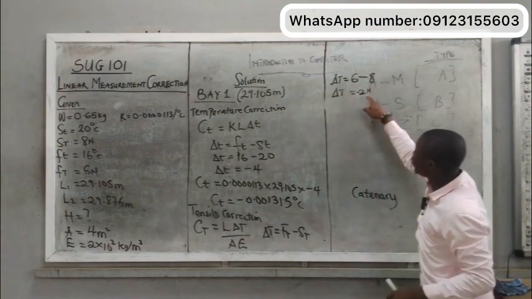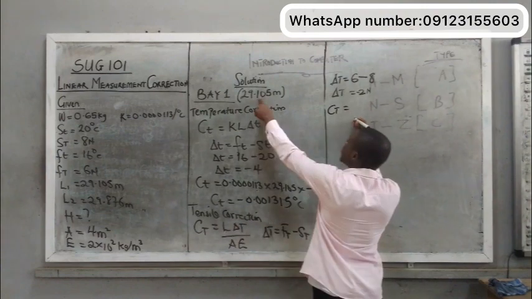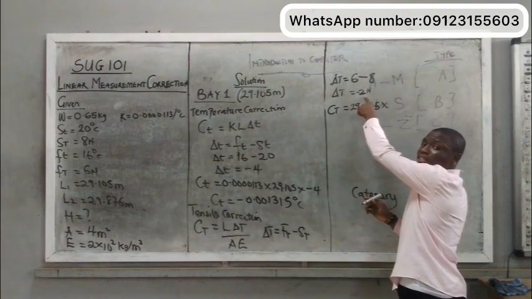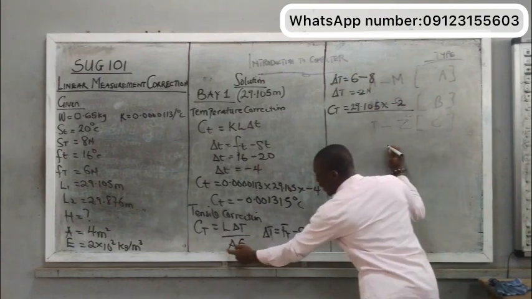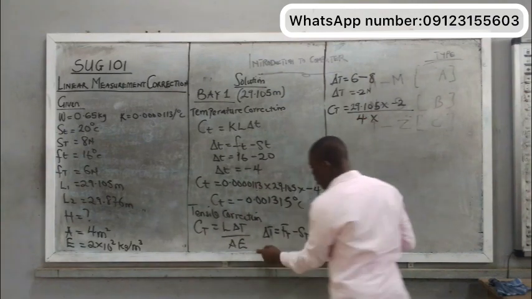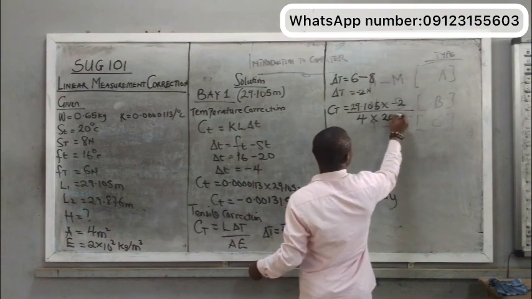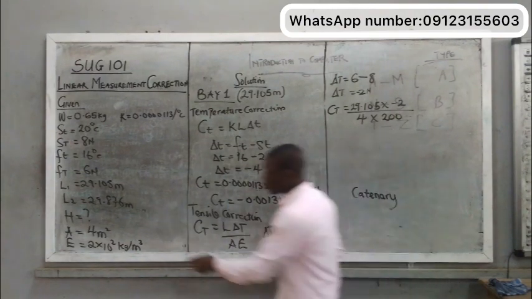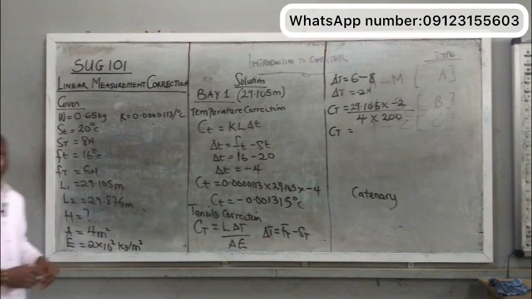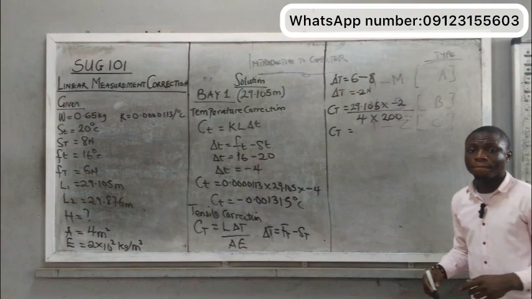If I put minus 2 Newton inside this formula, CT is equal to L, which is 29.105, times minus 2, over the denominator.